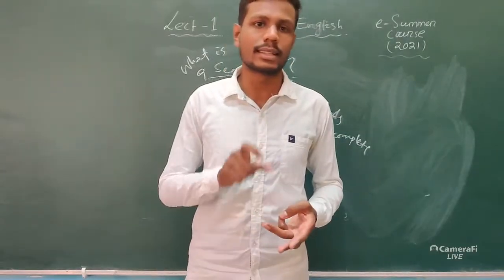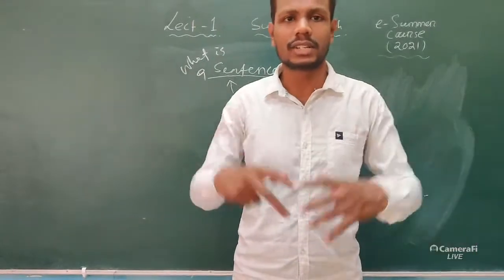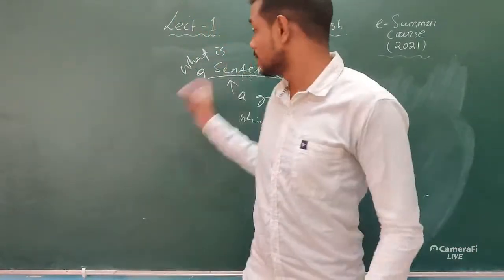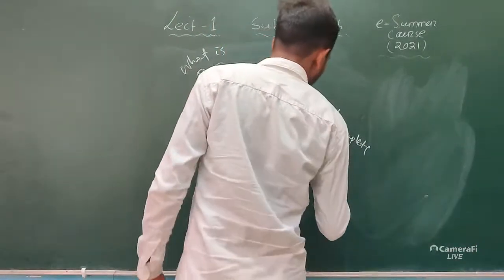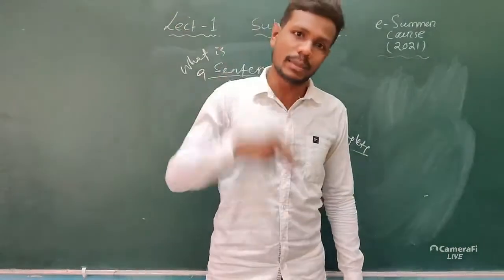Words, then phrases, then sentence. So it is a mixture of words, and the important thing is it gives us a complete sense, जिससे पूरी बात हमें समझ में आती है.